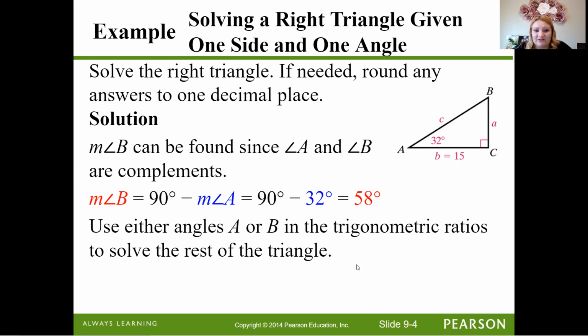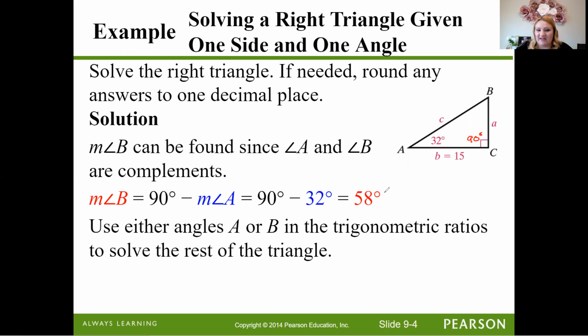So if we are looking at the triangle as a whole, this is 32 degrees and this is 90 degrees. It's also written right here, 90 minus 32. So 90 minus 32 gives you 58 degrees.